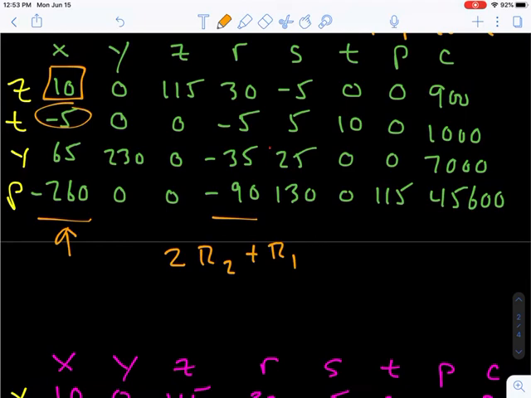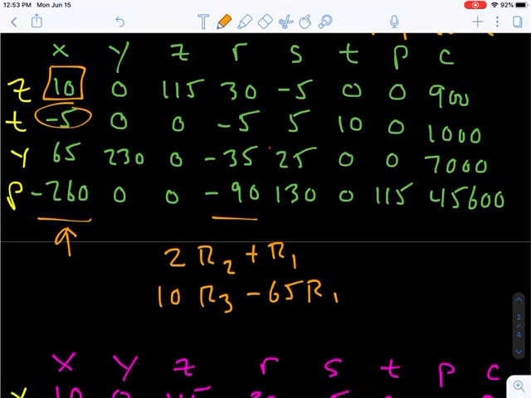2 times negative 5 is a negative 10, plus the 10 is 0. I would do, let's just say 10 row 3 minus 65 row 1. That's one way you could do it. There are other ways. I avoid decimals. I could have done row 3 minus 6.5 times row 1.